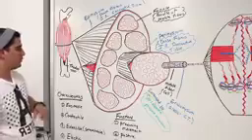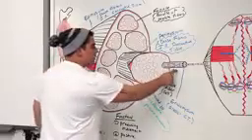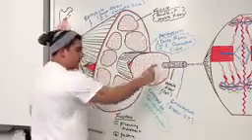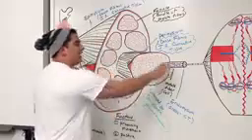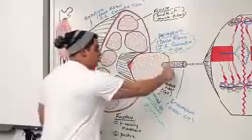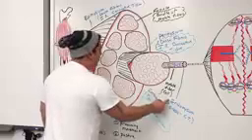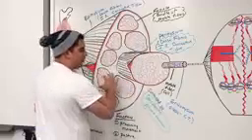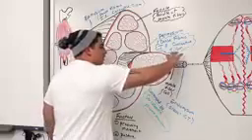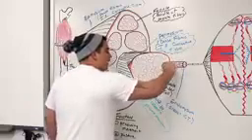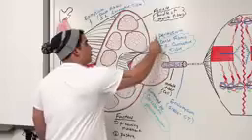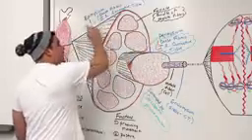Now here's what's really cool. When this muscle fiber contracts, let's say we take this individual muscle fiber, it pulls on the endomysium. What did I tell you? All of these structures are continuous. So if this muscle fiber contracts, it pulls on the endomysium, the perimysium, and the epimysium.